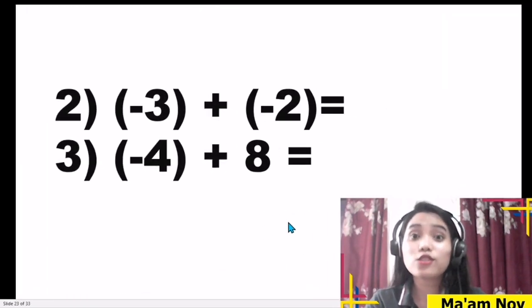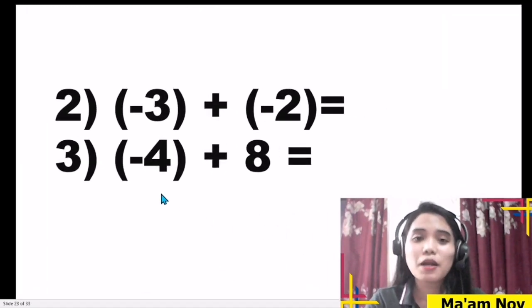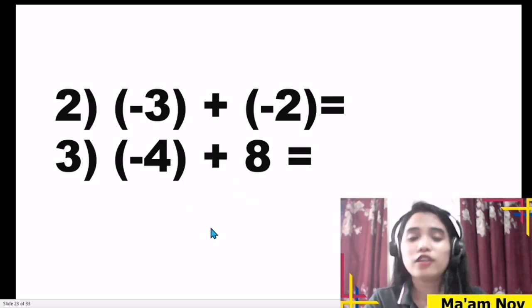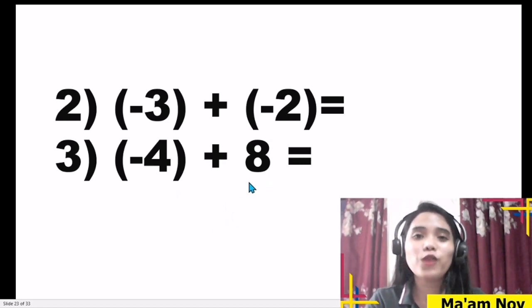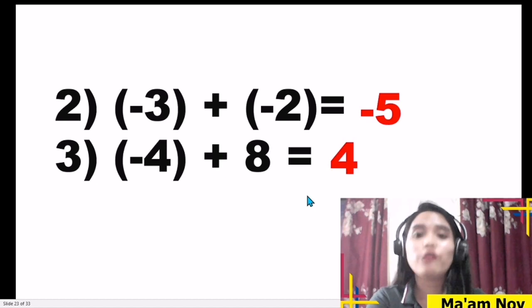So, negative 4 plus 8. 8 minus 4 is 4. And we will use the sign of the bigger number. Saan bang bigger number dyan? 8 or 4? Si 8. So, we will use its sign. Ang sign niya is positive. So, ang sagot is positive 4.